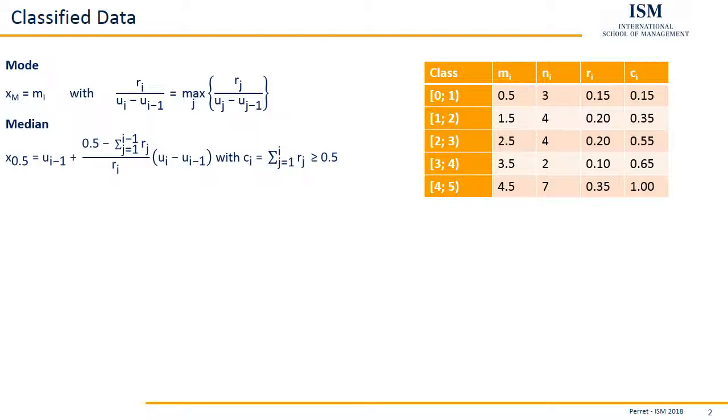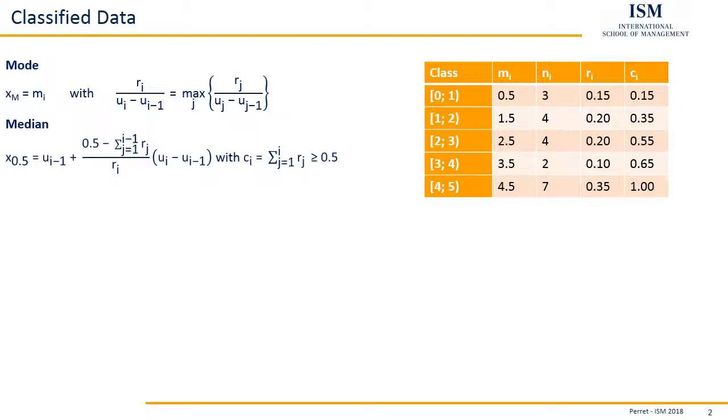So we have 0.5 minus 0.35 divided by the relative frequency of our median class, the class 2 to 3, that's 20%. So we have this fraction, and then we multiply, and that's the parentheses after this, ui minus ui minus 1, the whole expression with the class width again.